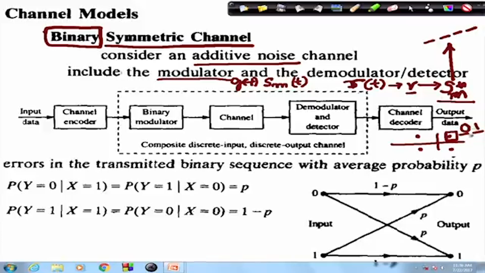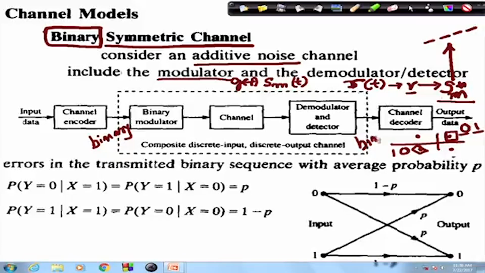Or let us say if this is detected at the receiver, the output could be 1 0. So, what we have is that the input into the system is binary bits, binary digits, and the output is again binary.